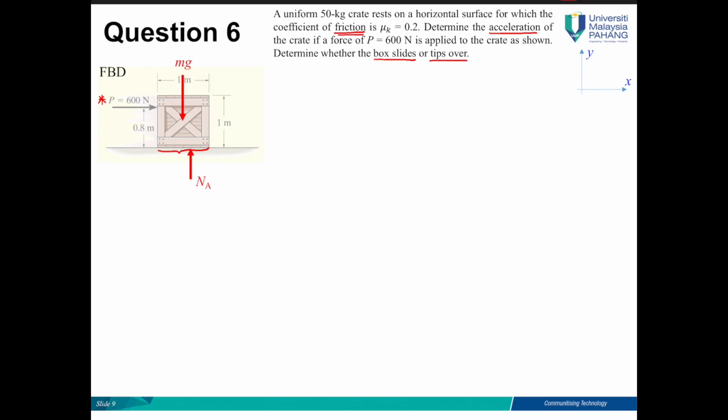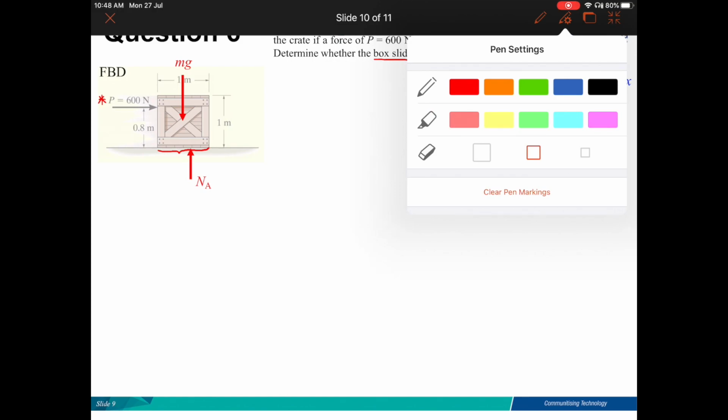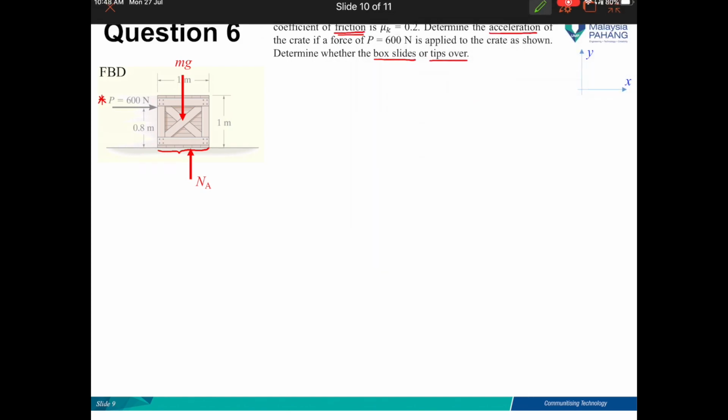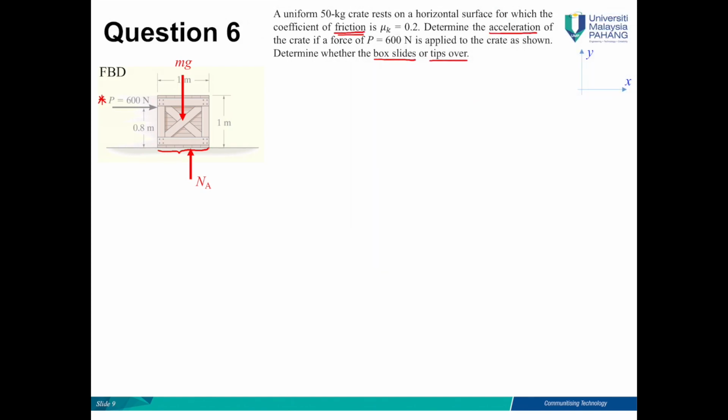So the key point here is that if the normal force is acting over here, at the end of the crate, then the box will rotate, will tip over.